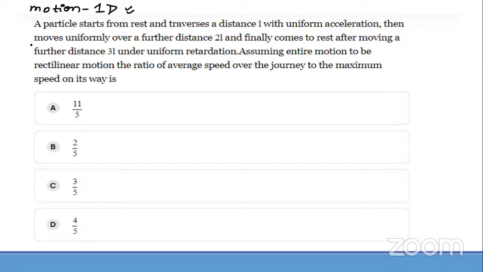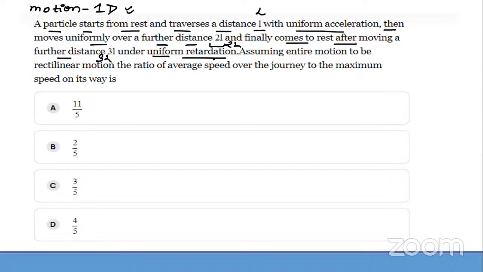So see what is happening here. The question says: a particle starts from rest and traverses a distance L with uniform acceleration. It means capital L. Then it moves uniformly over a further distance 2L, twice of capital L. Finally it comes to rest after moving a further 3L distance under uniform retardation, so it's negative acceleration.